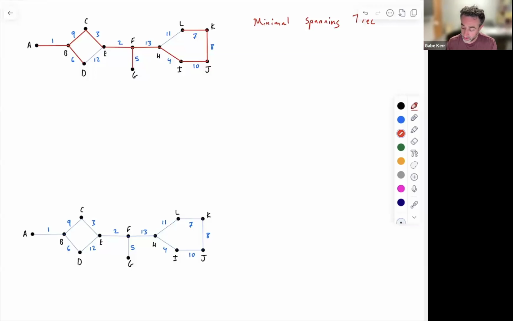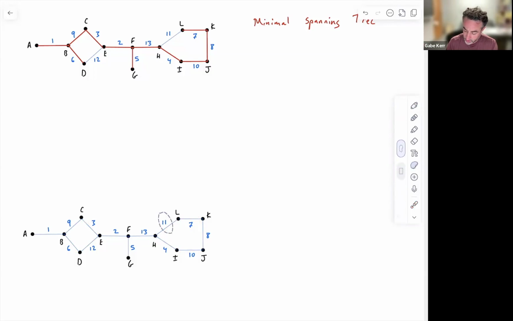So if we want to get a minimal spanning tree, one with the smallest total weight, the way you can do that is you can look in each of these circuits and say, I'm going to eliminate the edge with the largest weight. That's the one I'm going to choose. And similarly, over here, I'm going to eliminate the edge with the largest weight. And if you do that, what happens?